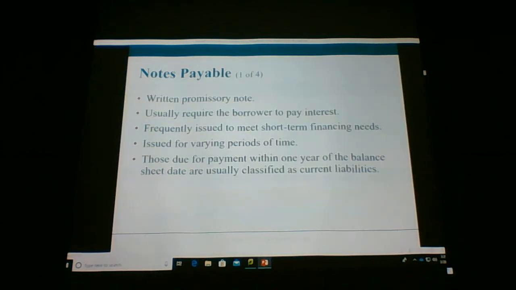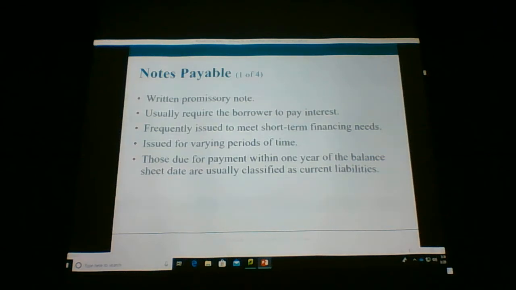Much the same way whether you go and borrow $500 from one of those payroll loan companies, or whether you buy a house for $500,000, you'll have a note payable that is witnessed by a promissory note. Okay?